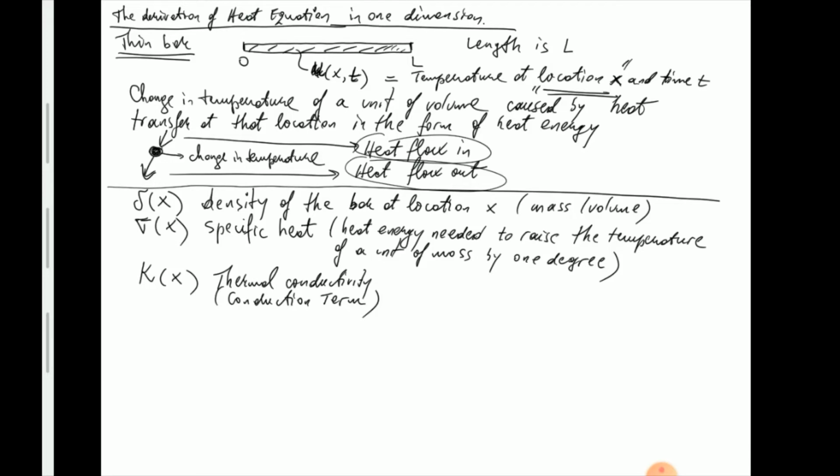It basically has to do with insulation or the lack of insulation of a material. So how much heat transfer is allowed by the nature of the material. It indicates the ability of the material to conduct heat.